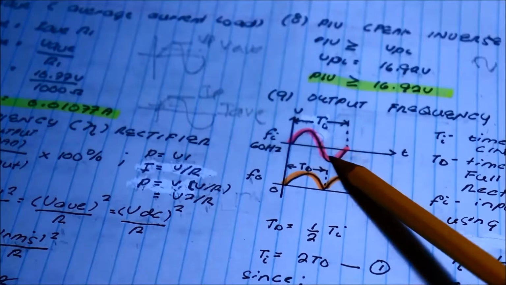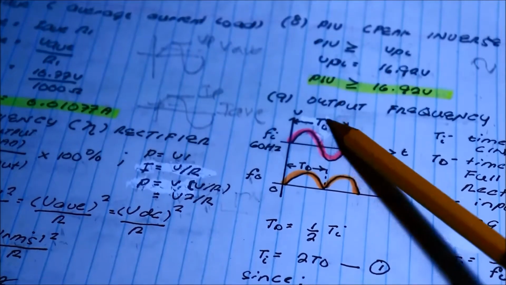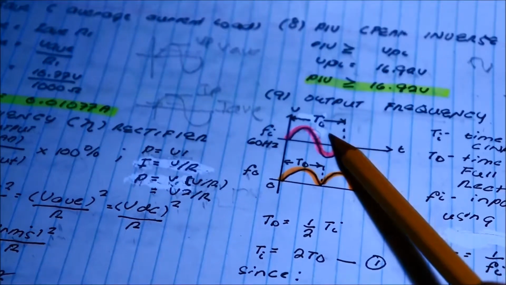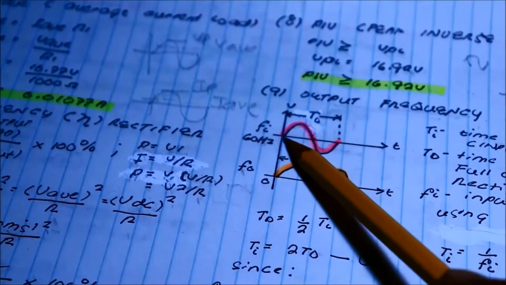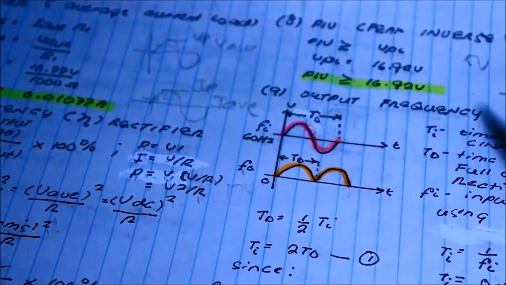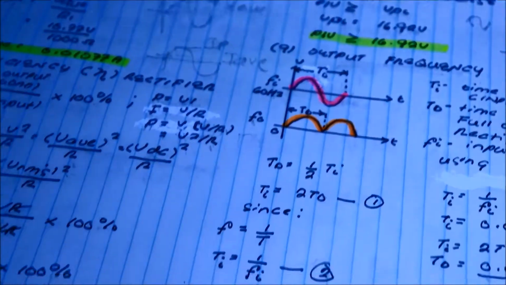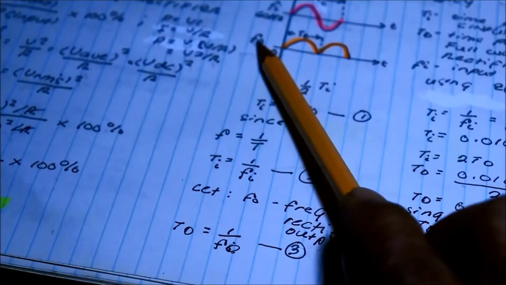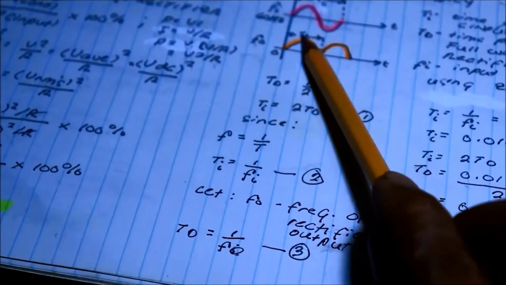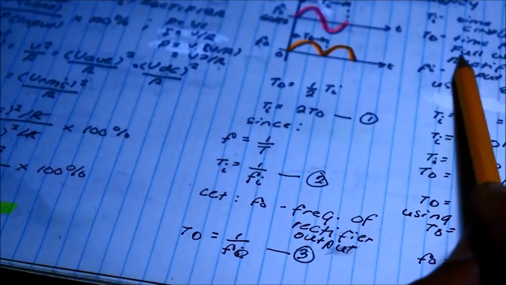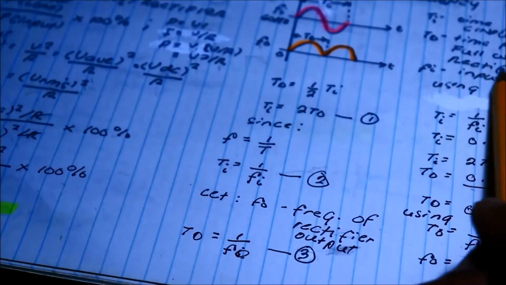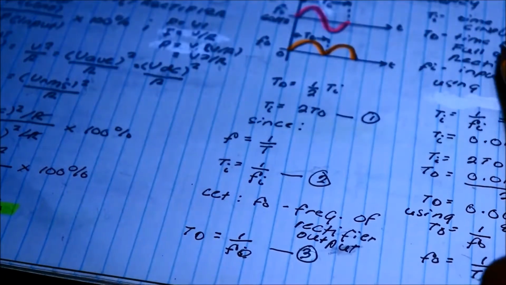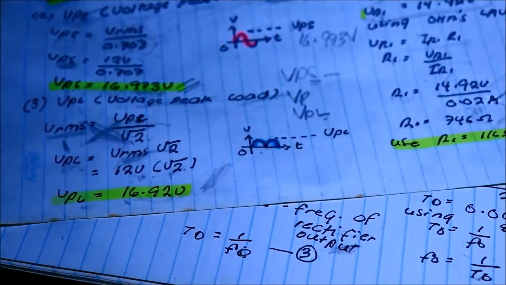This is equivalent to 1 period, Ti, the input time period. One period is the cycle. For the rectifier or the load, the same output frequency, Fo. So To refers to the time period of the full wave rectifier, or the time period of the load, the same waveform.